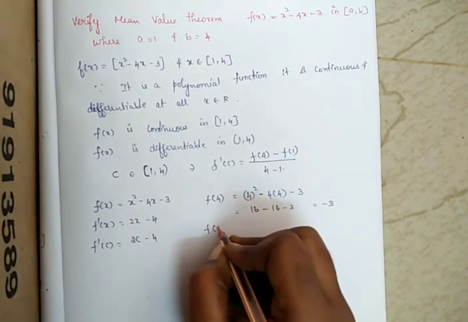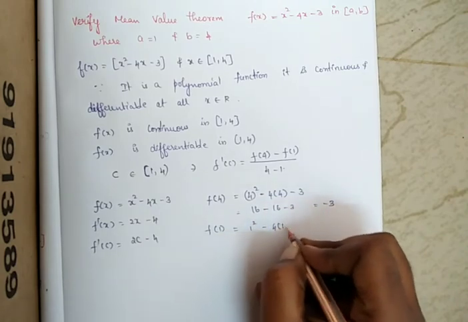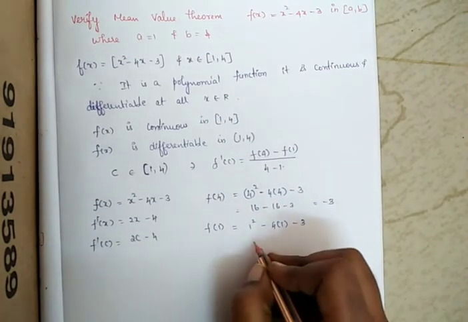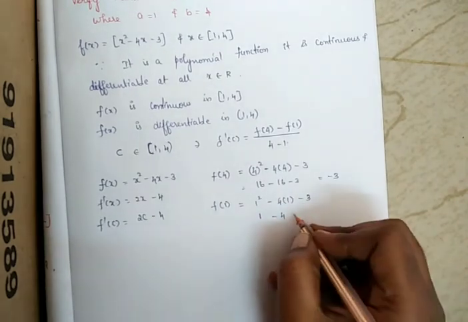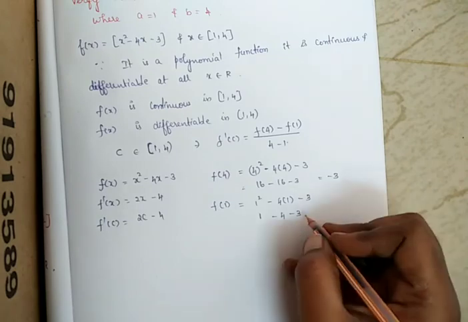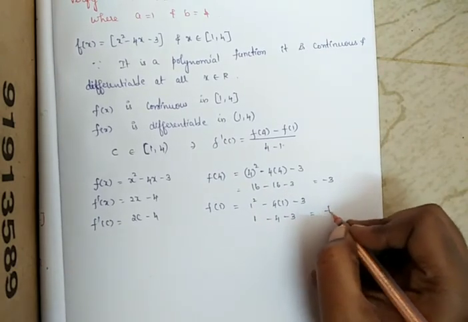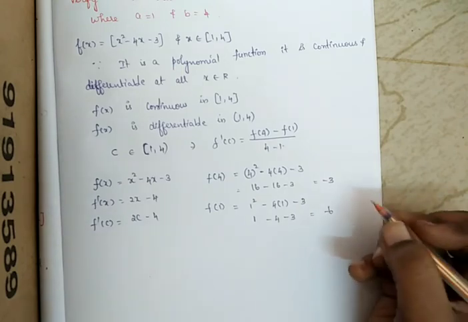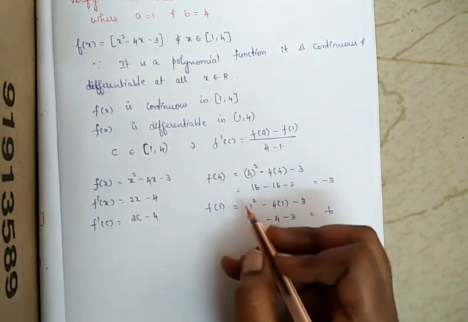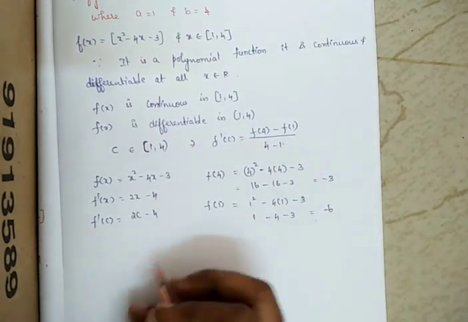Now f of 1 is equal to 1 square minus 4 into 1 minus 3, that is 1 minus 4 minus 3. So minus 3 minus 4 is minus 7, minus 7 plus 1 is equal to minus 6. Now the f of 4 value we have found, f of 1 value we have found. Now everything we have to substitute here.